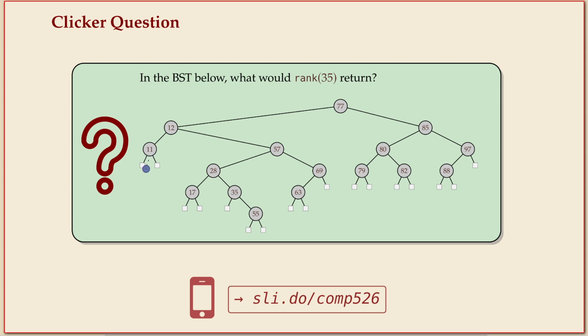So we can do that here. And I'll ignore the other ones. The one we care about, 35, is here. And so there will be these 4, 11, 12, 17, and 28, which are strictly smaller. So the rank should be 4.